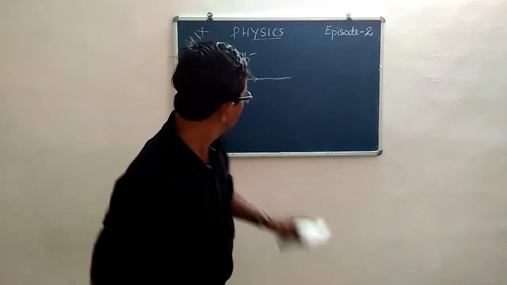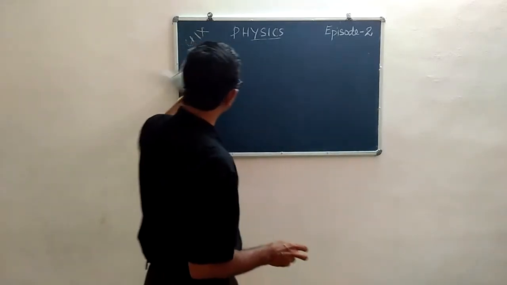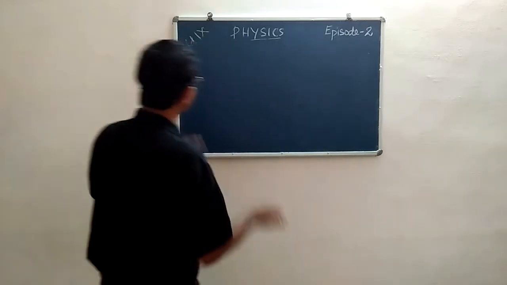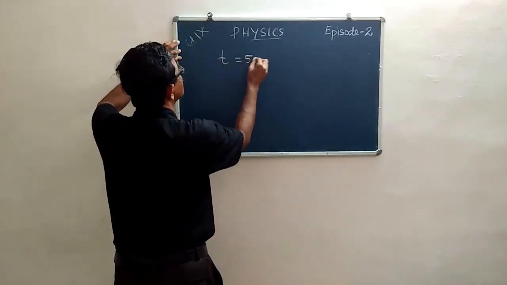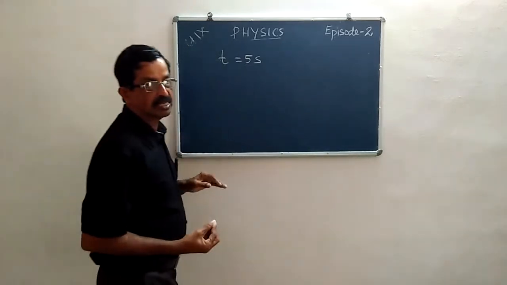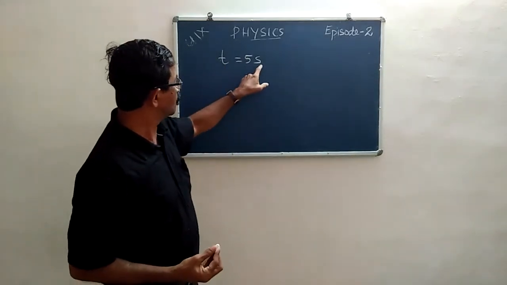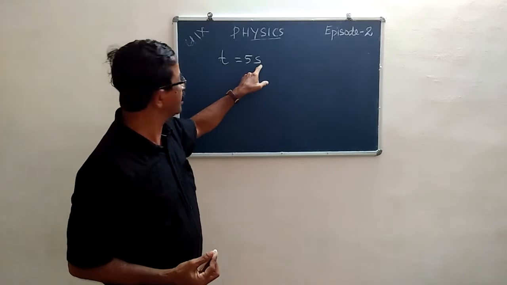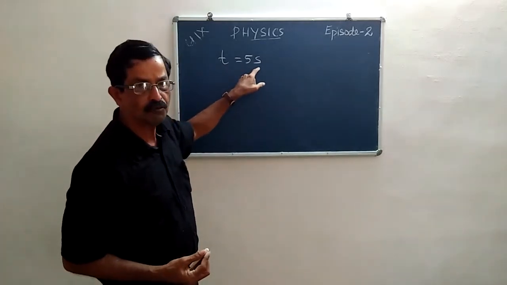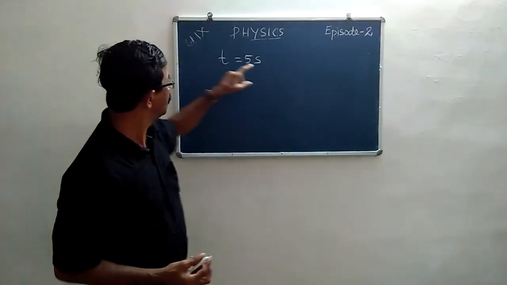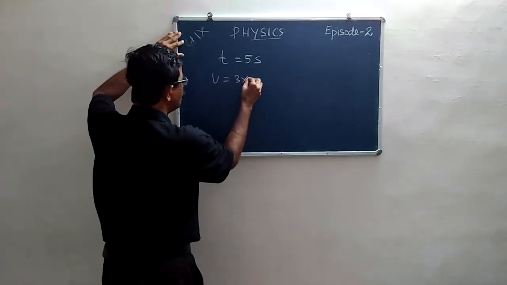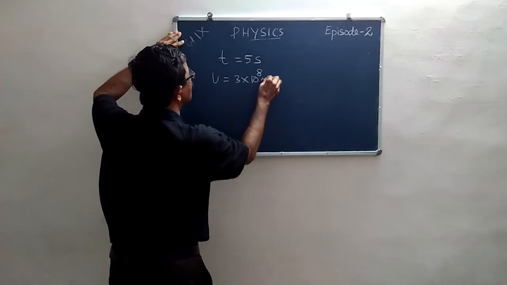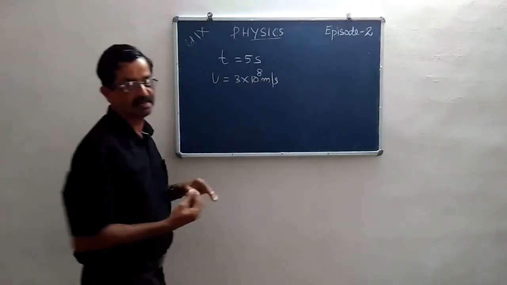That means from the spaceship, the signal reached us, and the time taken is 5 minutes. Now the speed of it is 3 into 10 raised to 8 meter per second.